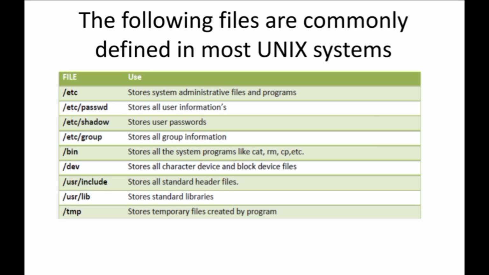These are the different types of files that are defined in most Unix systems. What are those? Slash etc. The etc directory stores system administrative files and programs.